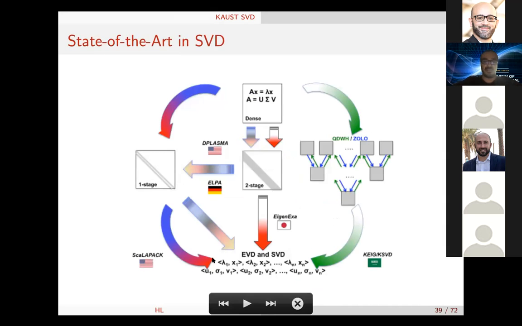The left side is how Germany and the US are doing business. In the middle, this is how the Japanese are doing basically the singular value decomposition. We are doing it this way. Okay, we are doing it the way where we expose parallelism, because we know where the hardware is going. We know the trend of the hardware, and we know we need to break down our computation into small pieces to expose parallelism and get the most out of the underlying hardware.